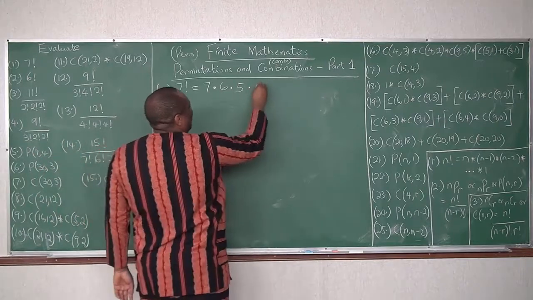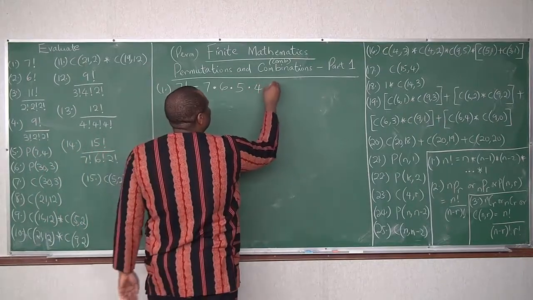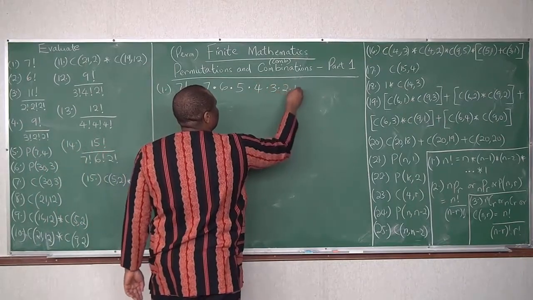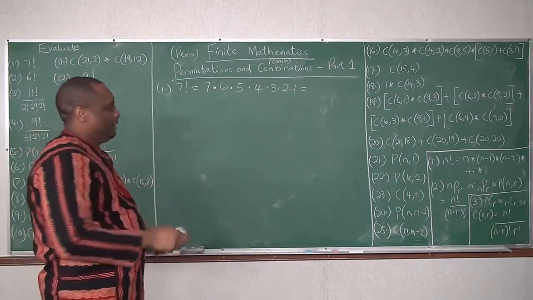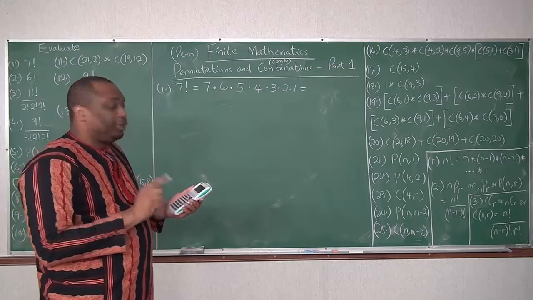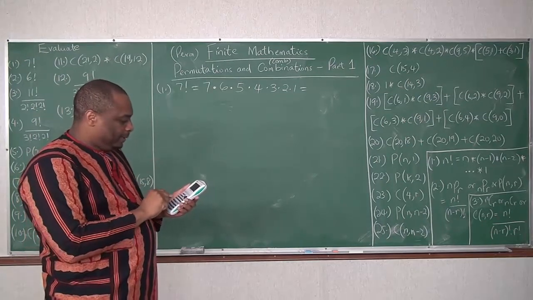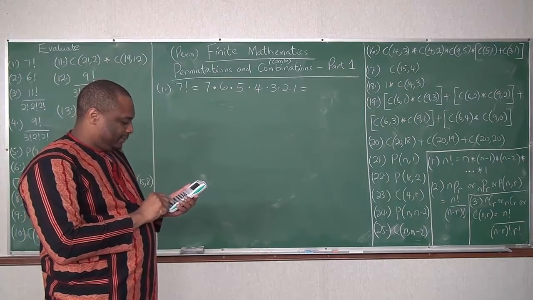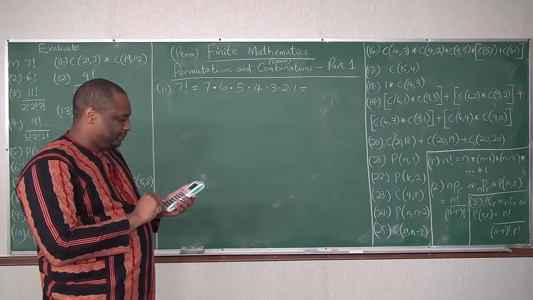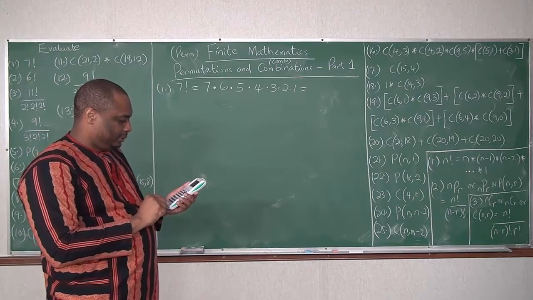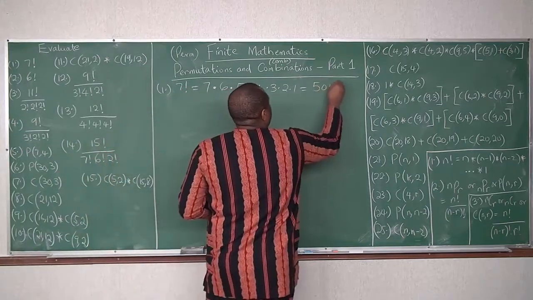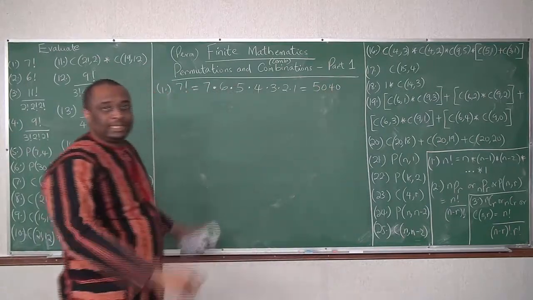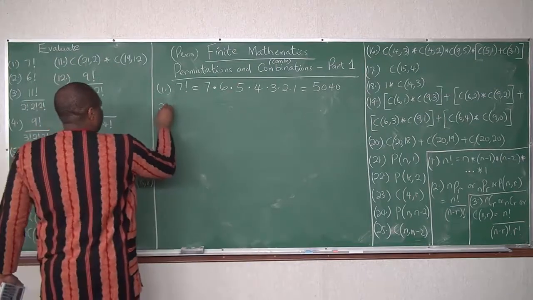So you now see up to times 1. So this is times 4 times 3 times 2 times 1. Okay, if you are required to show your work: 7 times 6 times 5 times 4 times 3 times 2 times 1 is 5,040. That's it.